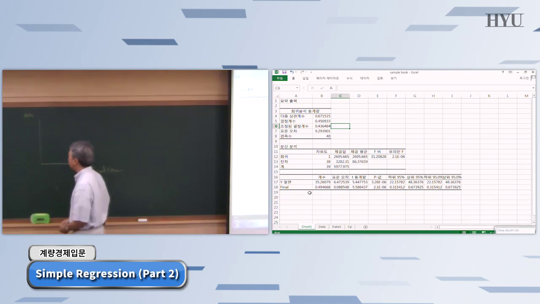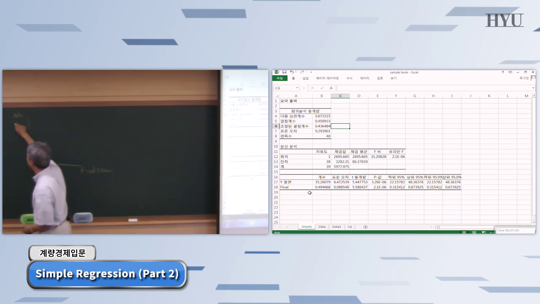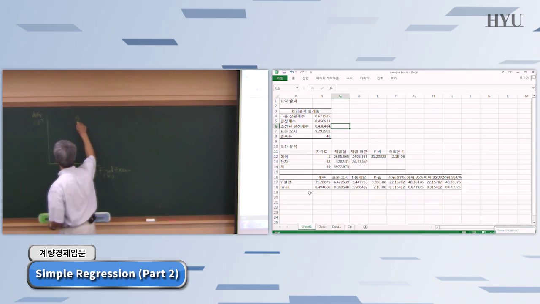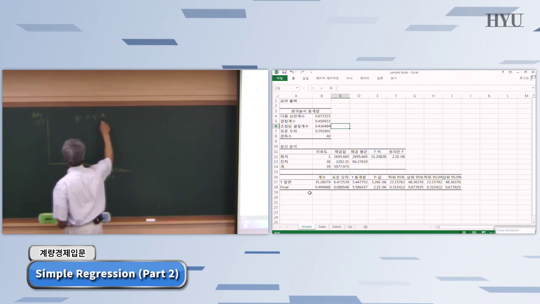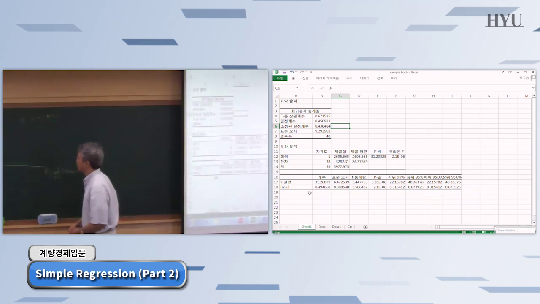So we have y and x, and y is beta naught plus beta 1 x. That's the model.